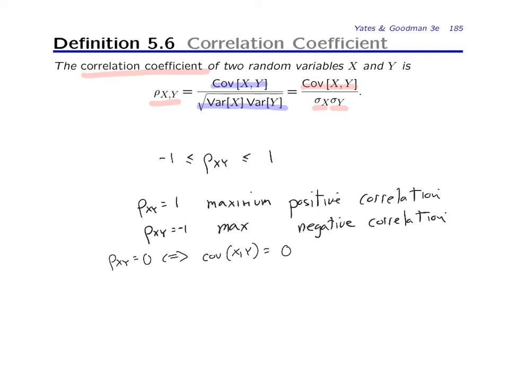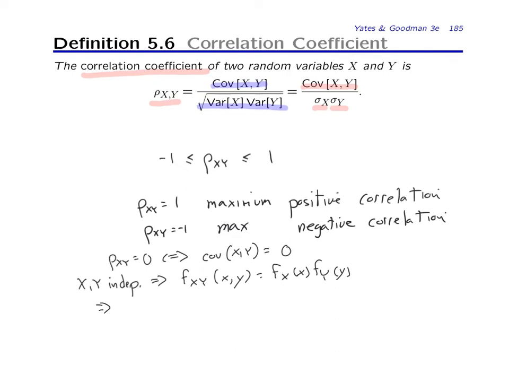So this is actually pretty straightforward. 0 covariance is implied by random variables x and y being independent. So x and y independent implies that, for instance, the joint PDF of x and y is the product of the marginals.